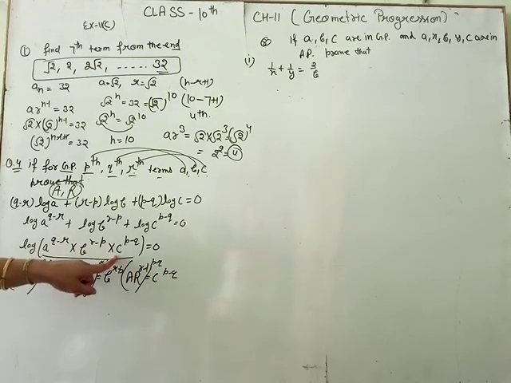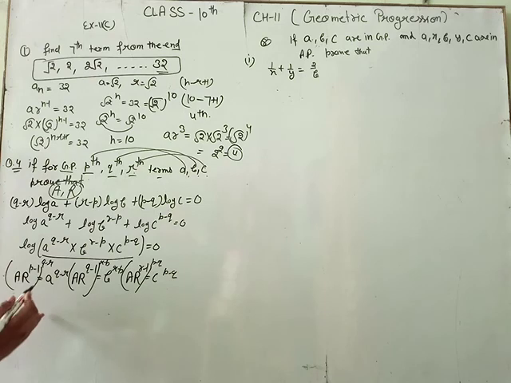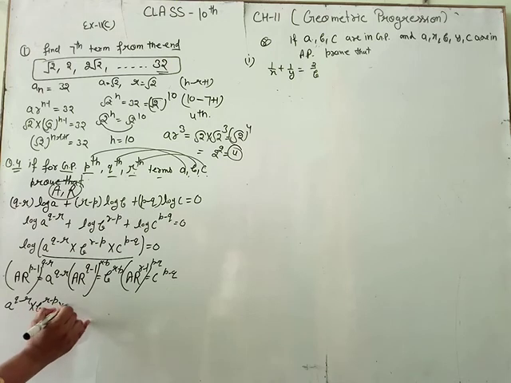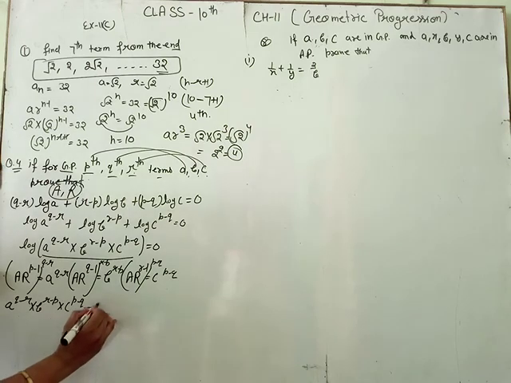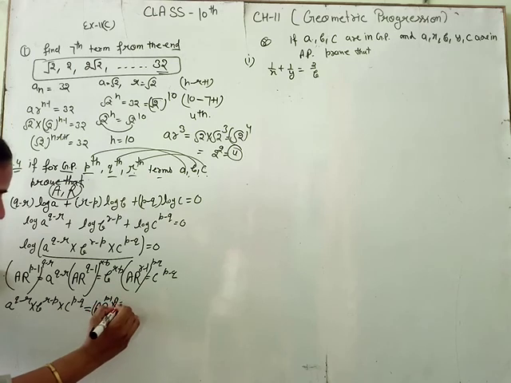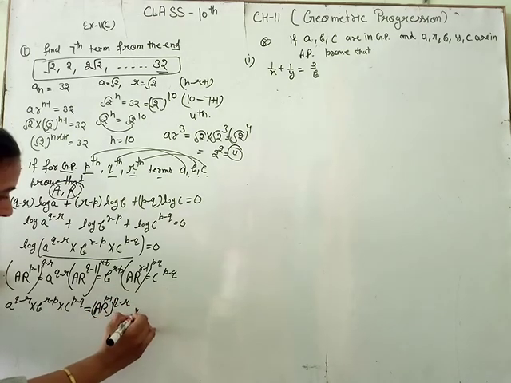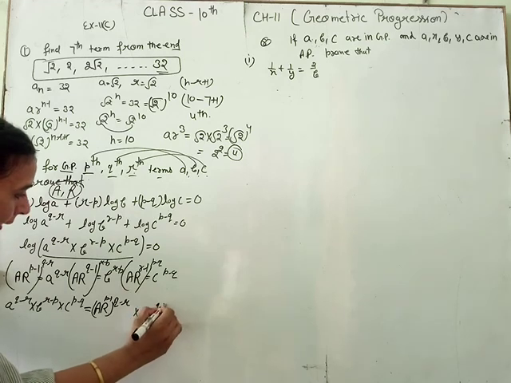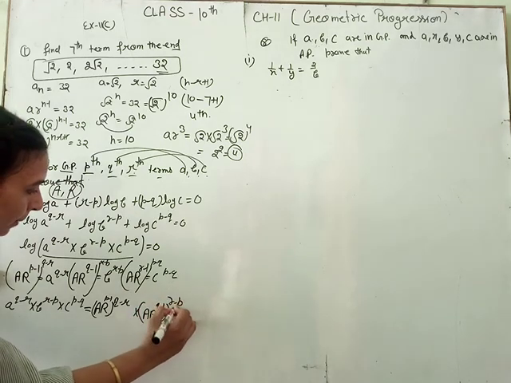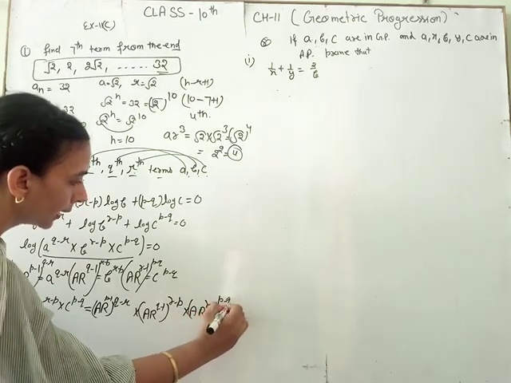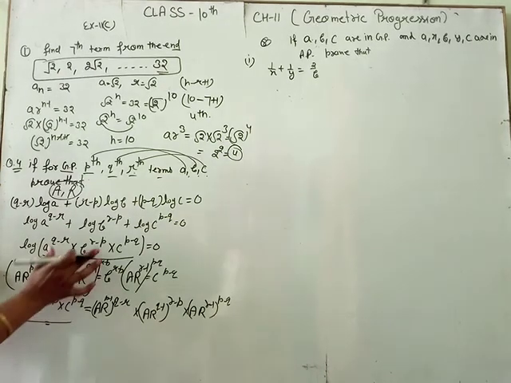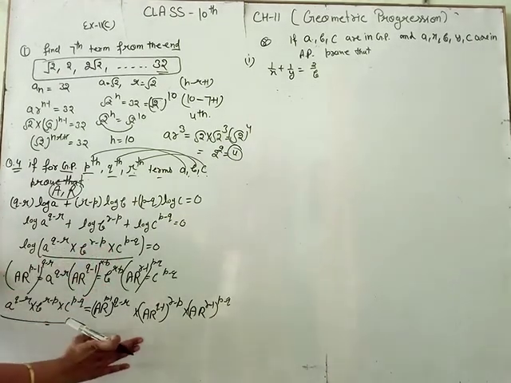A, B, C are all multiplied, so we multiply the three equations. Then A^(q-r) times B^(r-p) times C^(p-q) equals, on the right side, A R^(p-1) to the power q minus r, multiplied by A R^(q-1) to the power r minus p, and A R^(r-1) to the power p minus q.